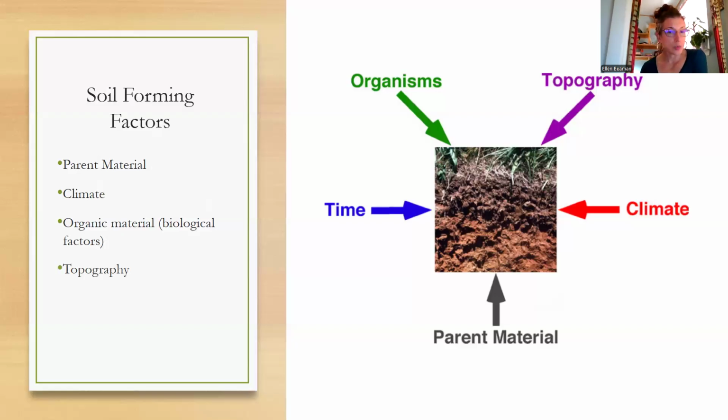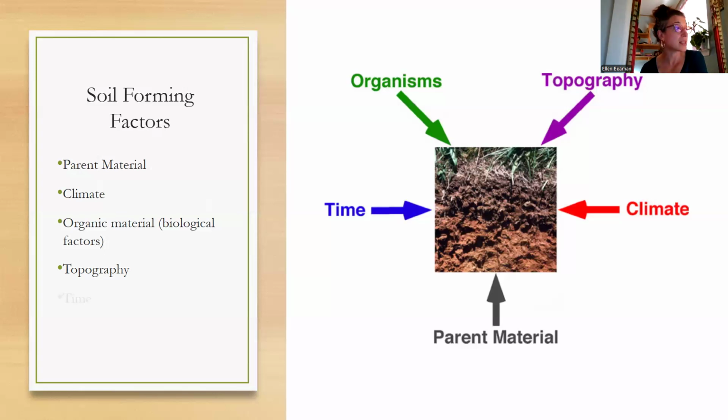Topography also plays an important part. The soil that lives at the top of the slope is going to be very different from the soil that lives at the bottom of the slope because gravity is going to draw things down over time. So there's going to be a higher concentration of nutrients and minerals at the bottom of a slope, and then at the top of the slope, depending on the organisms that live up there, we might see less.